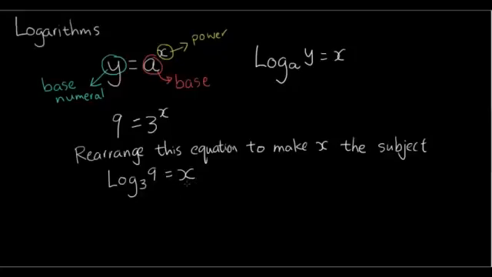And so how is that useful? Well, because x is now the subject, we can type this in the calculator to find out what x is. So we can now find the unknown variable when x is in the power position. But that's pretty difficult because on the calculator the log button is actually to the base 10.